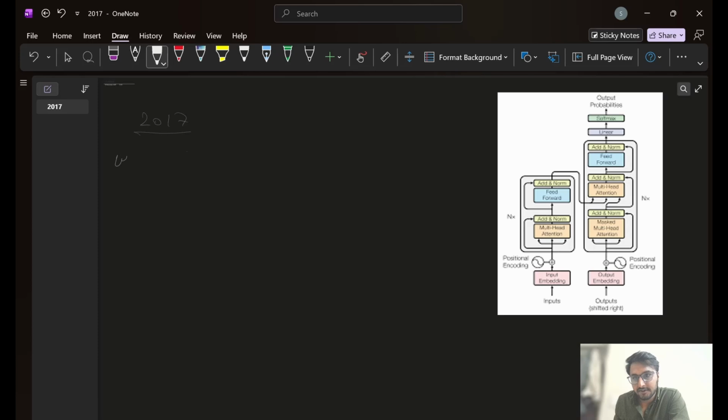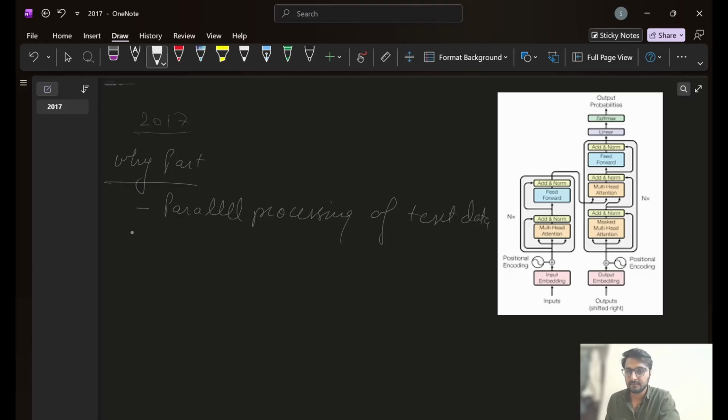Let's first understand the why part. Why did this architecture come? Because previously there was no architecture that could do parallel processing of text data. The second thing is we could not make full use of GPUs and TPUs.